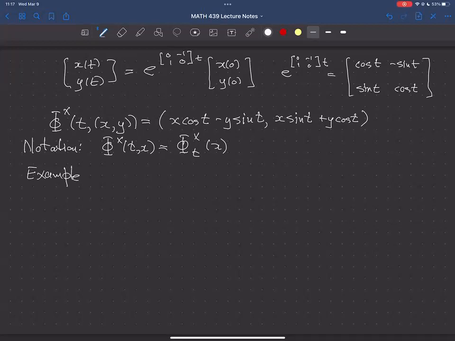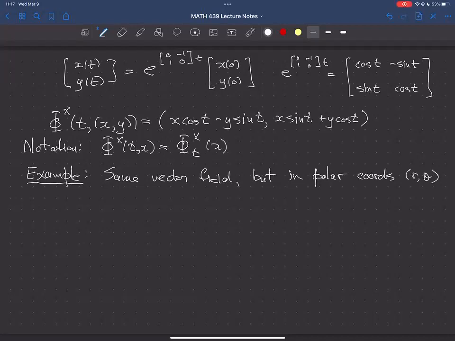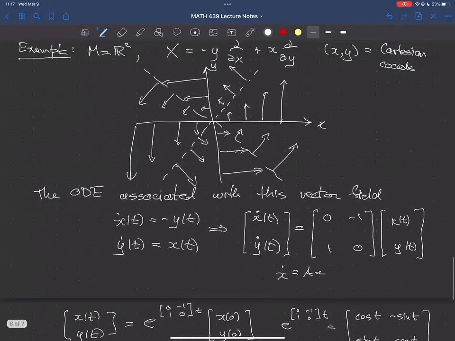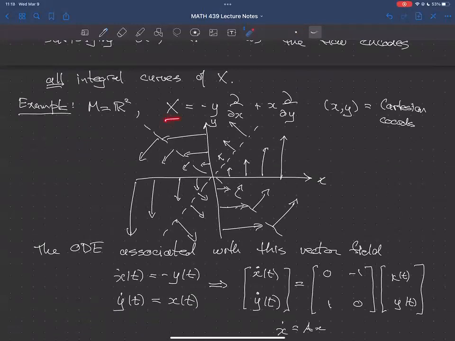I'm just going to do this very quickly to get to the main point. So same vector field, but in polar coordinates. The first thing you need to do is find out what this vector field is in polar coordinates.